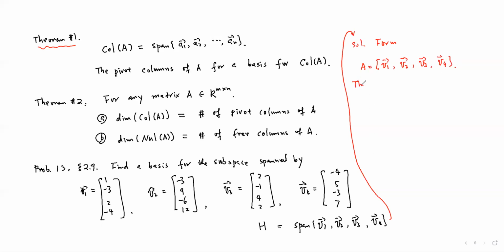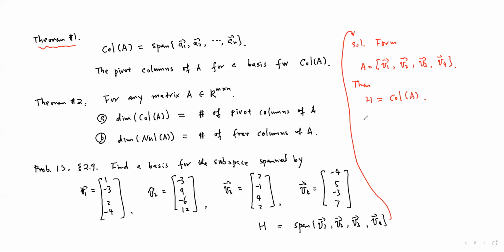Then H is equal to the column space of matrix A. Now I can use theorem 1. Each V vector is a column of A. Now I determine which columns are pivot columns and only keep the pivot columns to get a basis.